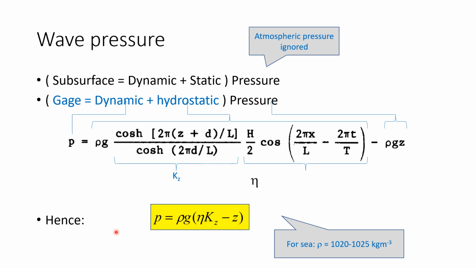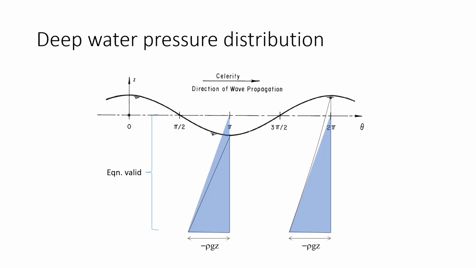Now take note that since we are dealing with a coastal environment, the density of the water typically will be in the range of 1020 to 1025 kilograms per meter cube. One thing to take note regarding the pressure equation is that it is only applicable below the still water level line.